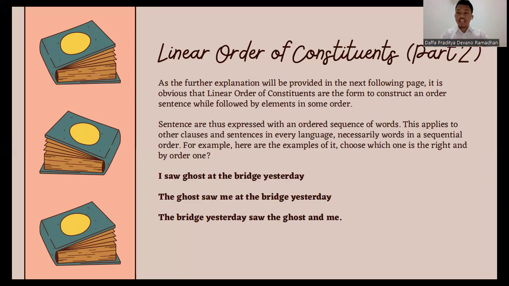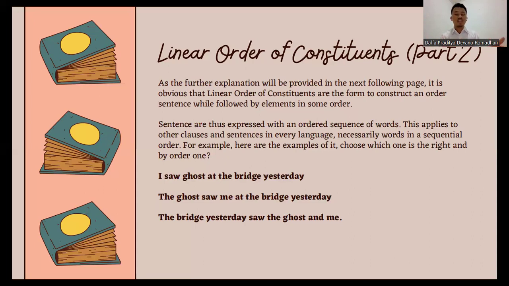So based on this example, we can confirm that the right one is the first sentence, because it basically makes logical sense, and it can be understood instantly just by looking at that one sentence, compared to the other sentences like the ghost saw me at the bridge yesterday, the bridge yesterday saw the ghost and me. It does not make logical sense, because we are thinking logically.